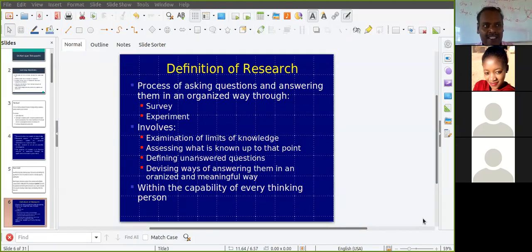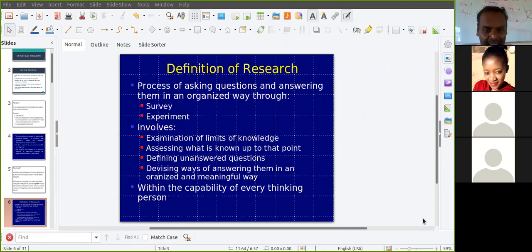Any unknown fact or upgrading existing knowledge, that is called research. Identifying that updating knowledge or unknown factor, through a process, you are asking questions and getting them answered in an organized way, either through your survey or through your experiments.